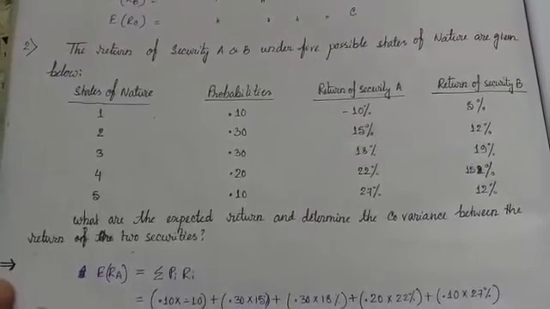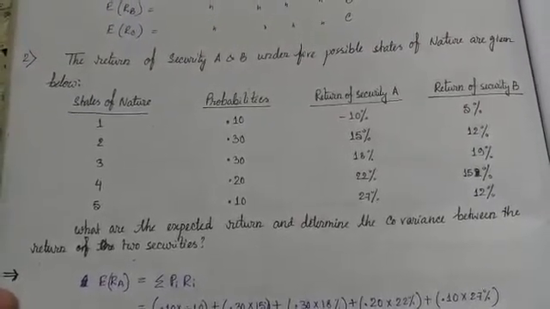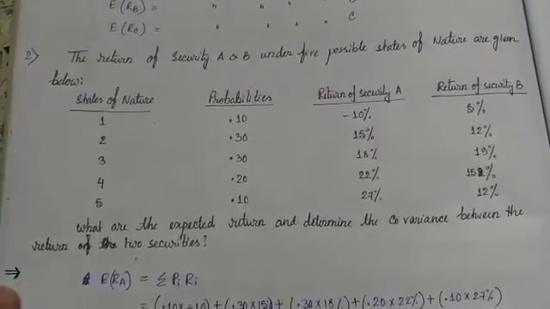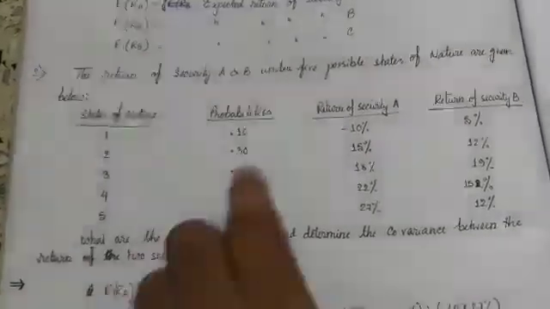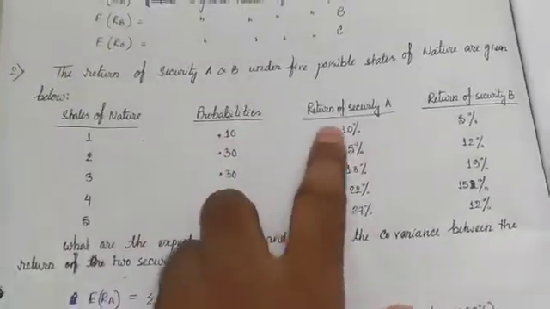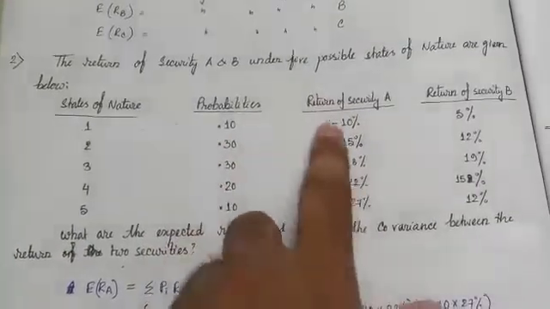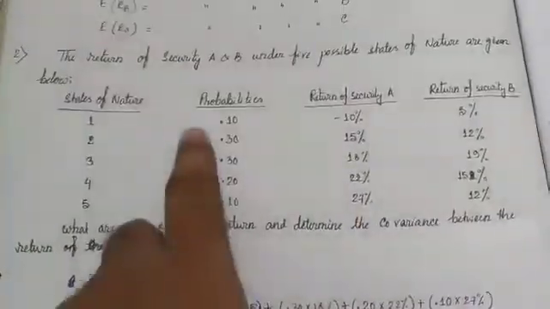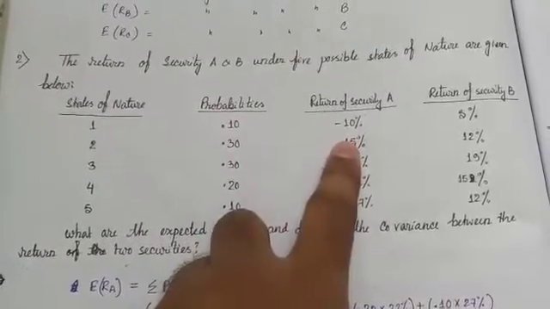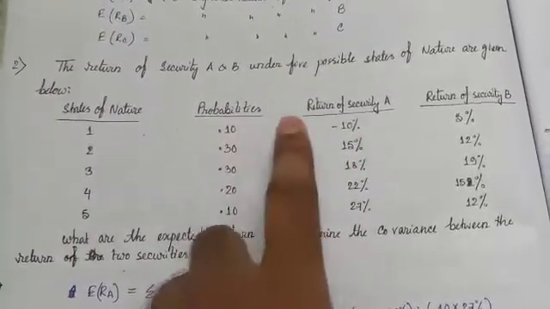Now here expected return may be calculated by applying the formula of summation of Pi into Ri. The probability associated with each state of nature and the expected rate of return associated with each probability factor is given in the question. Now here expected return of security A may be taken as summation of Pi into Ra.